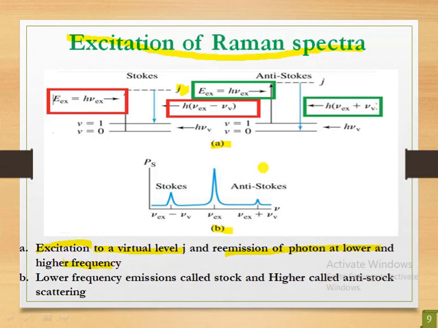When any sample, or you can say molecule, is irradiated by a monochromatic beam of energy, and that energy is hν_ex, the excitation energy, excitation can be considered to involve this virtual state.